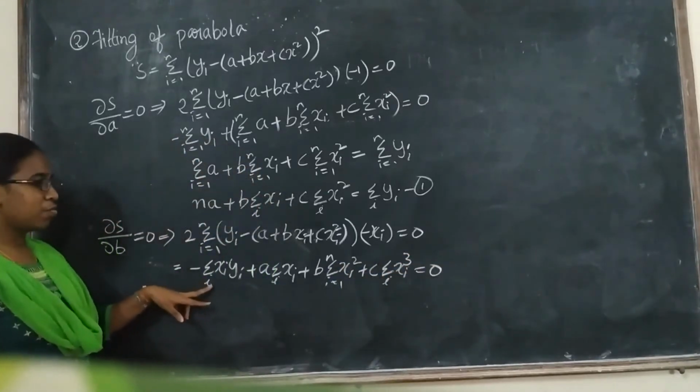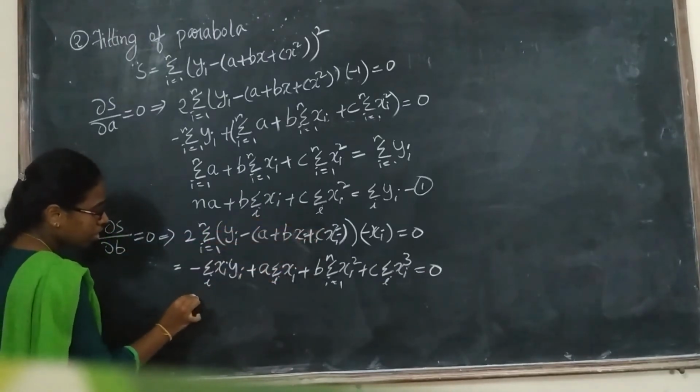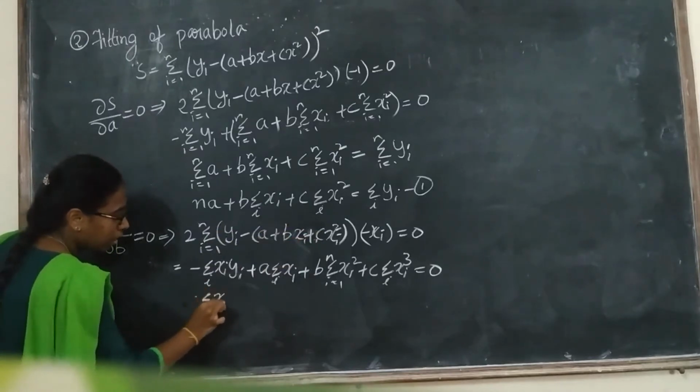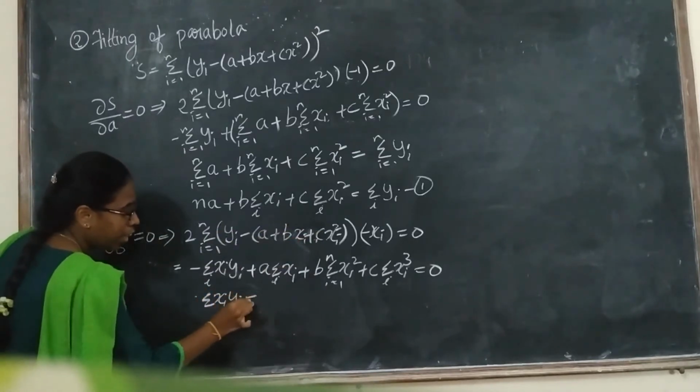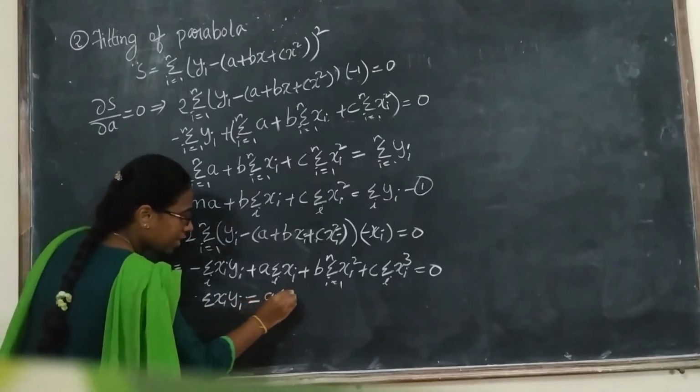Now I am sending this minus term to the right hand side so that I will get summation xi yi equals to, here a summation xi.